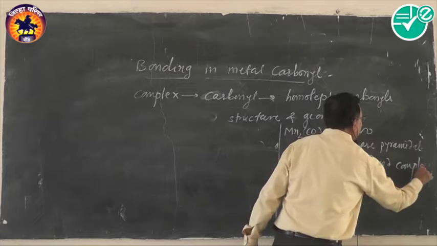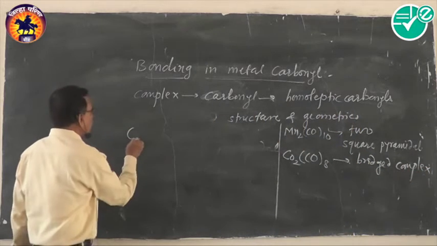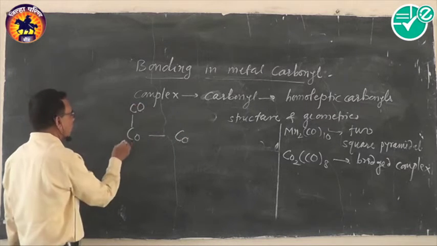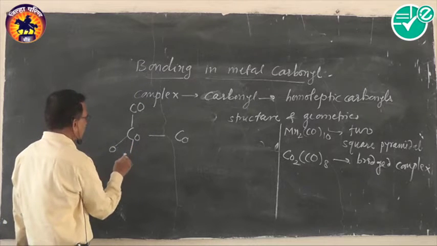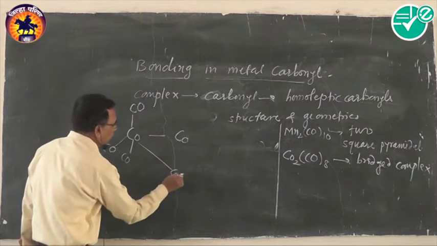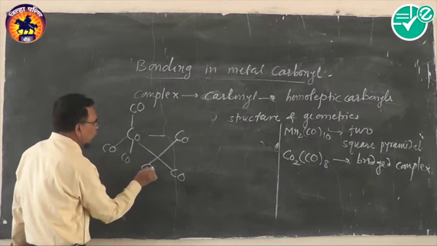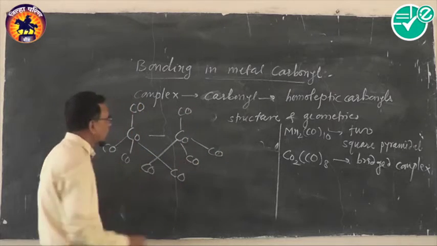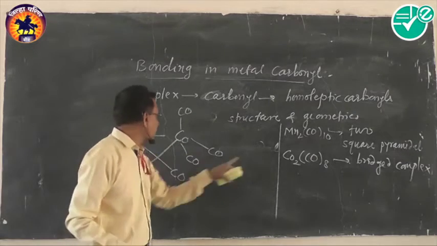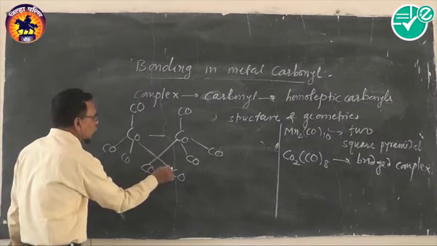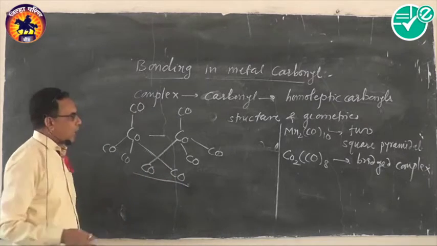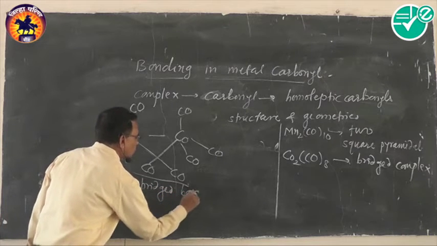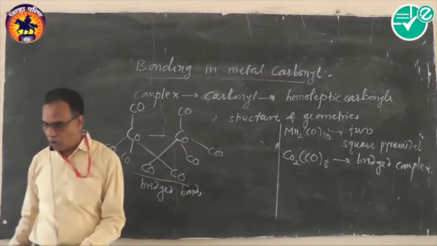Here there are two cobalt atoms, and these are carbonyl groups, including the bridging carbonyls. These are the bridged ligands, or they have bridged bonds. Hence it is a bridged complex.